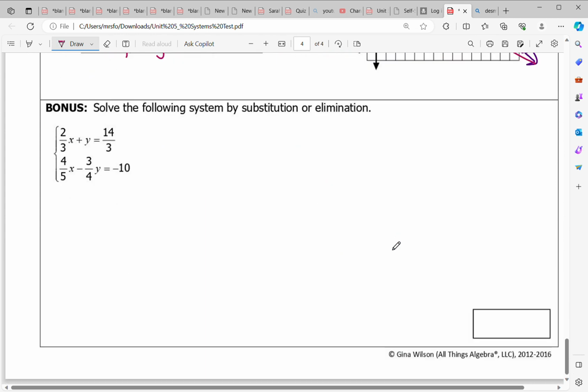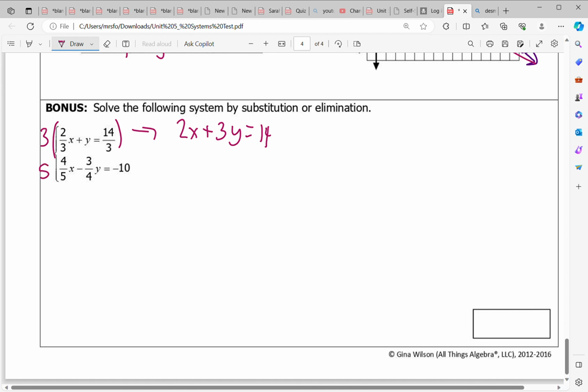And then this is bonus, solving by substitution or elimination. Personally, the first thing I would do is get rid of the denominator. So in the first one, that would become 2x plus 3y equals 14.